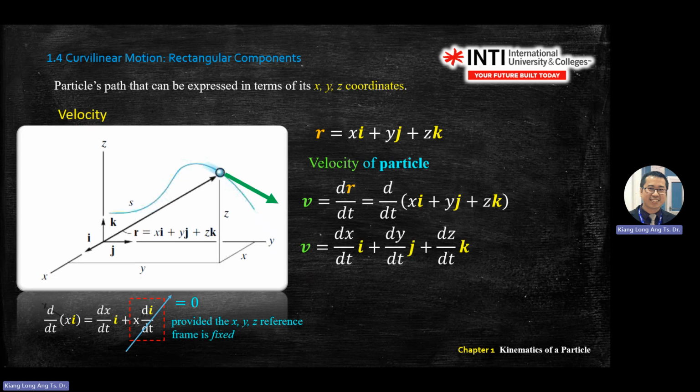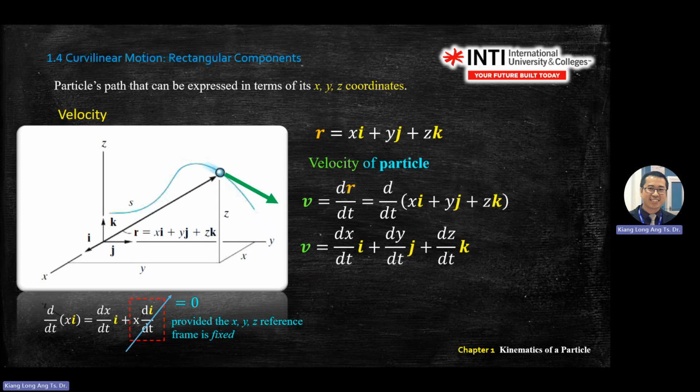So at the end, we arrive at this one. So di dt equals 0, dj dt equals 0, dk dt equals 0. Arrive at this equation. This one is velocity in x, velocity in y, velocity in z.